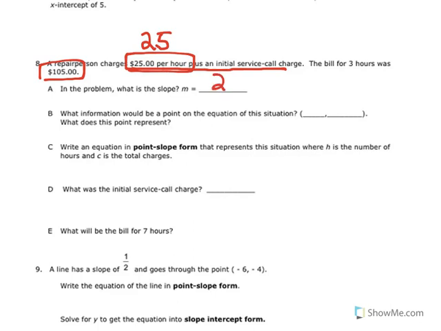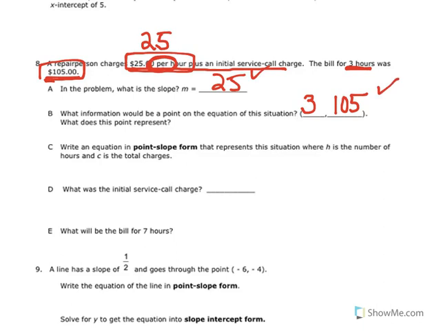25. Remember when you see that word per? We can get the slope. What information would be a point of the equation for this situation? Well, we know for 3 hours it's $105. So we can say (3, 105). So we have the slope and we have a point.